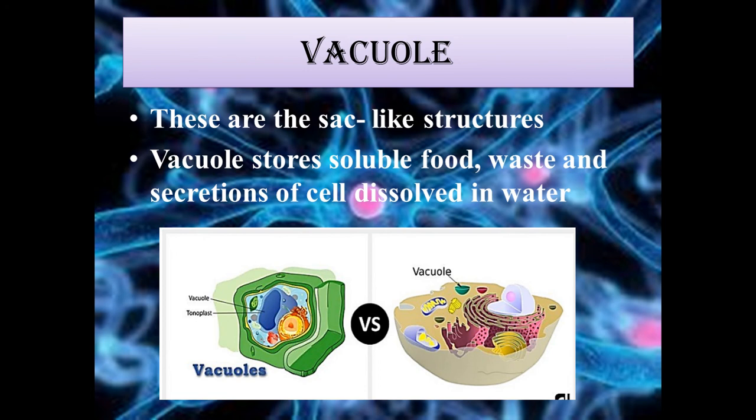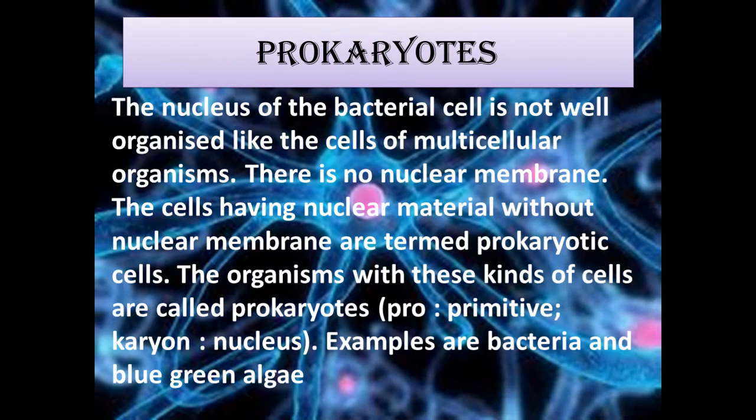The next topic is prokaryotes and eukaryotes. On the basis of their nuclear organization, cells have been classified into two types: prokaryotes and eukaryotes. First are the prokaryotes. Pro means primitive and karyon means nucleus.